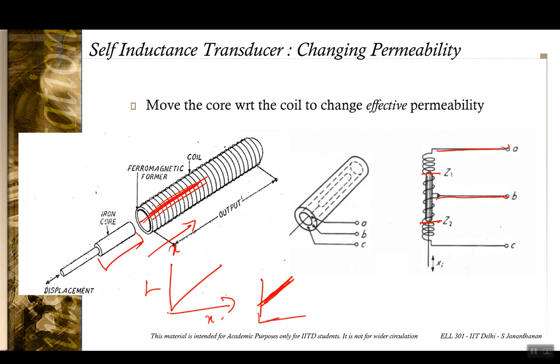You have a null position at the center, and you can go in the positive direction and also in the negative direction. When you go in the positive direction, Z1 increases and Z2 decreases, and when you go in the negative direction, Z1 decreases and Z2 increases.